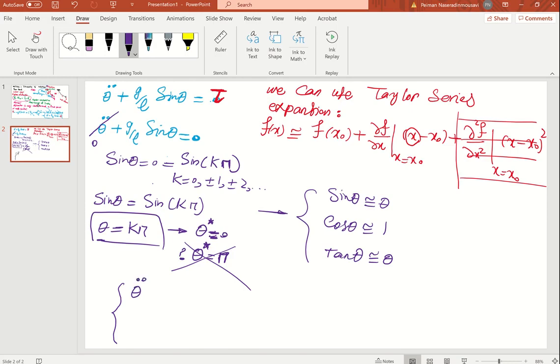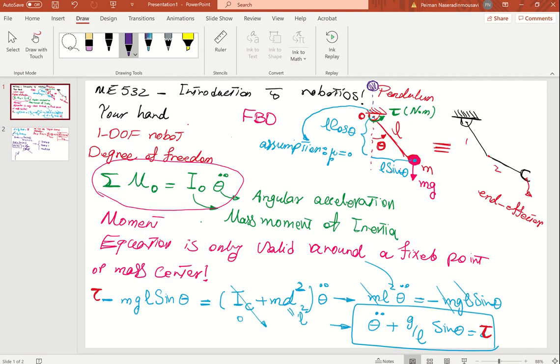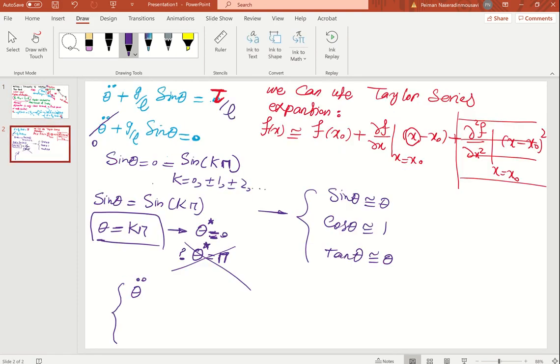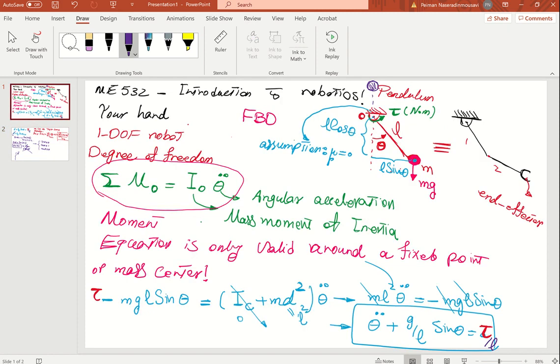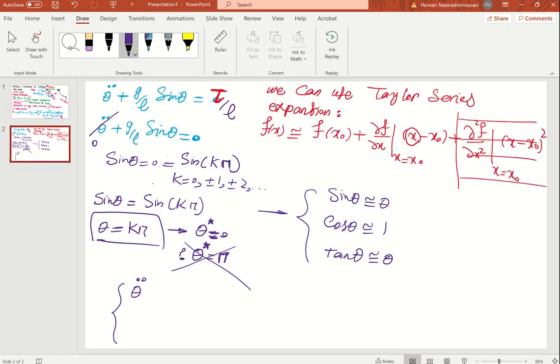Theta double dot. Oh, I forgot to do this, guys, because I'm dividing everything by L, both sides. Remember, I divide everything on both sides because I changed the problem from vibration to robotics and control. So theta double dot plus G over L sine of theta is tau over L, and theta double dot plus G over L theta is tau over L. Here we go.